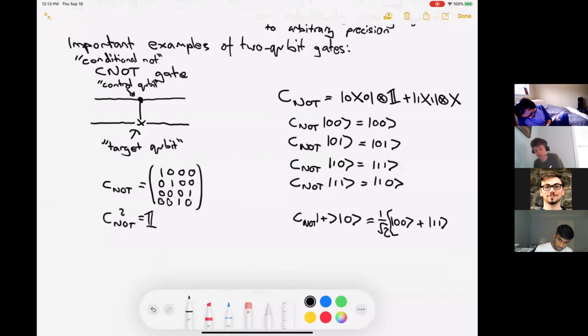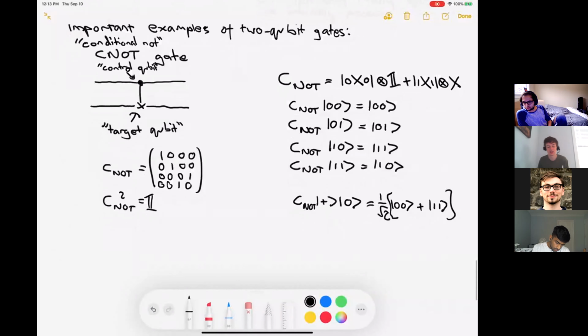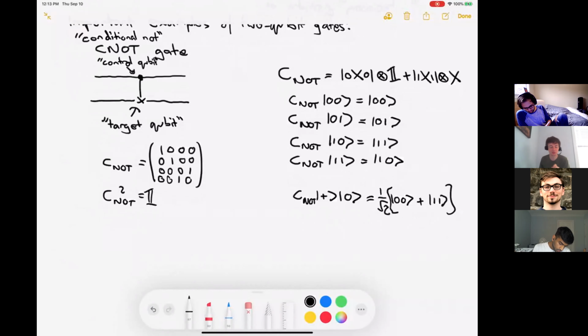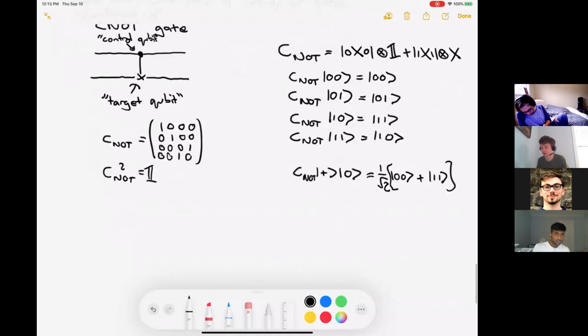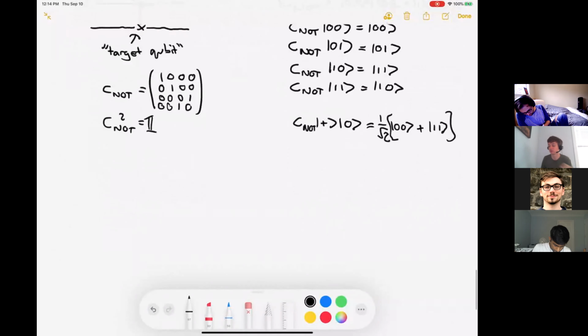So CNOT, even though it seems like a very classical gate that just takes the computational basis, when it's applied to an input superposition, can be used to create entanglement. It can be used to create Bell states. Okay? So that's a very useful thing that it can do.